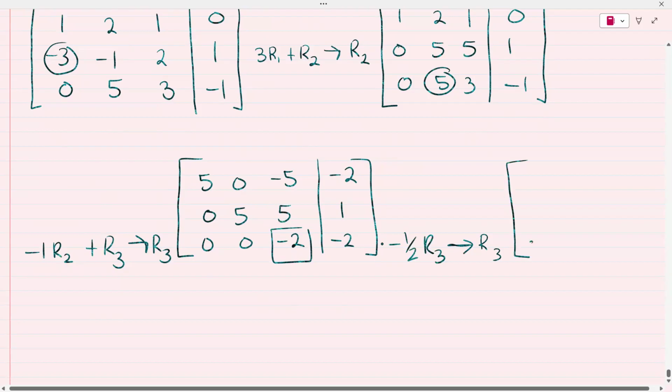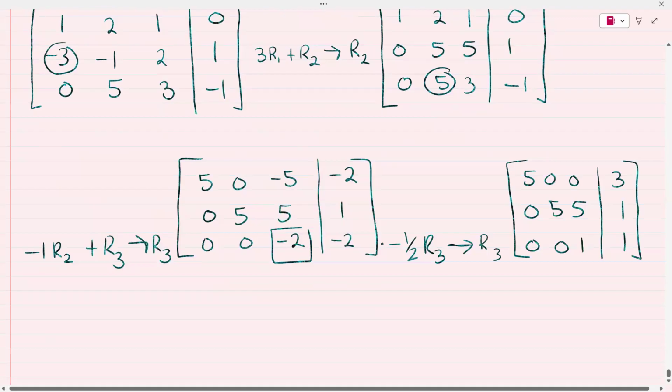This would be 0, 0, and then this now will become 1. And then this would be 1 now. And then this would be 0, 5, 5, 1. And then this would be 5, 0, 0, 3.